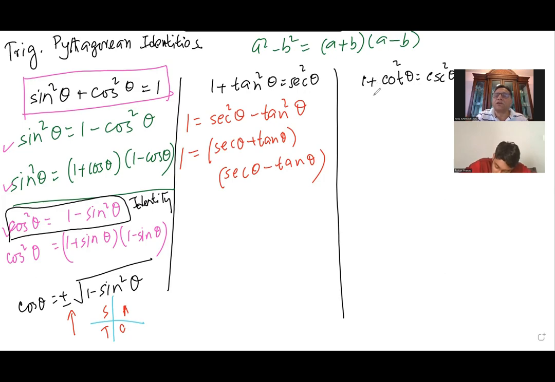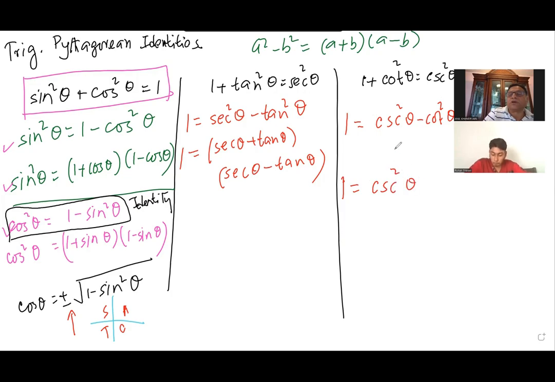Similarly, for the last equation, 1 plus cot square theta equals cosecant square theta, we can write 1 is equal to cosecant square theta minus cot square theta. Or we can say 1 is equal to cosecant theta plus cot theta times cosecant theta minus cot theta, writing this as sum and product.